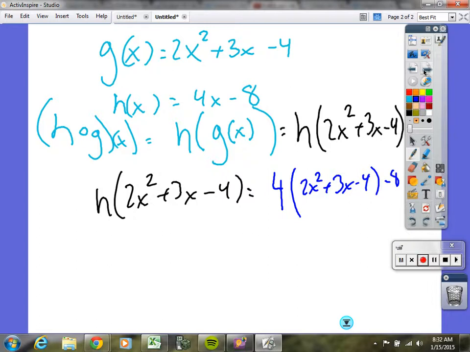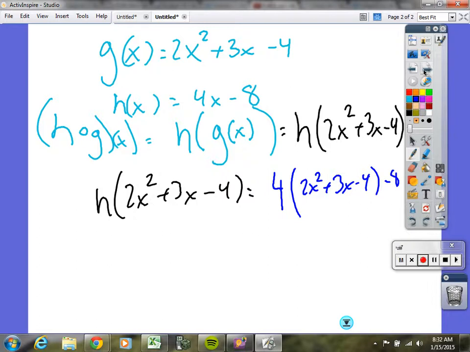So now, I'm putting this stuff, because see how x is being replaced by this stuff. So therefore, that x right there is going to be replaced by this stuff. Right? So 4 times this stuff minus 8.